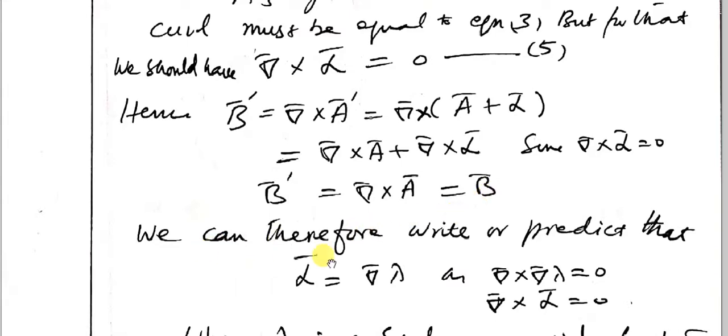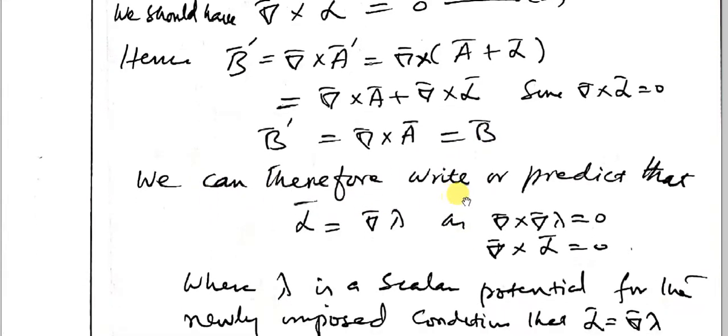We can therefore write that alpha is the gradient of lambda, some scalar quantity. Since the curl of alpha is equal to 0, alpha must be some gradient, just as in the previous topic, where the curl of a gradient is equal to 0. So it is the gradient of some scalar quantity lambda, as the curl of the gradient is equal to 0.